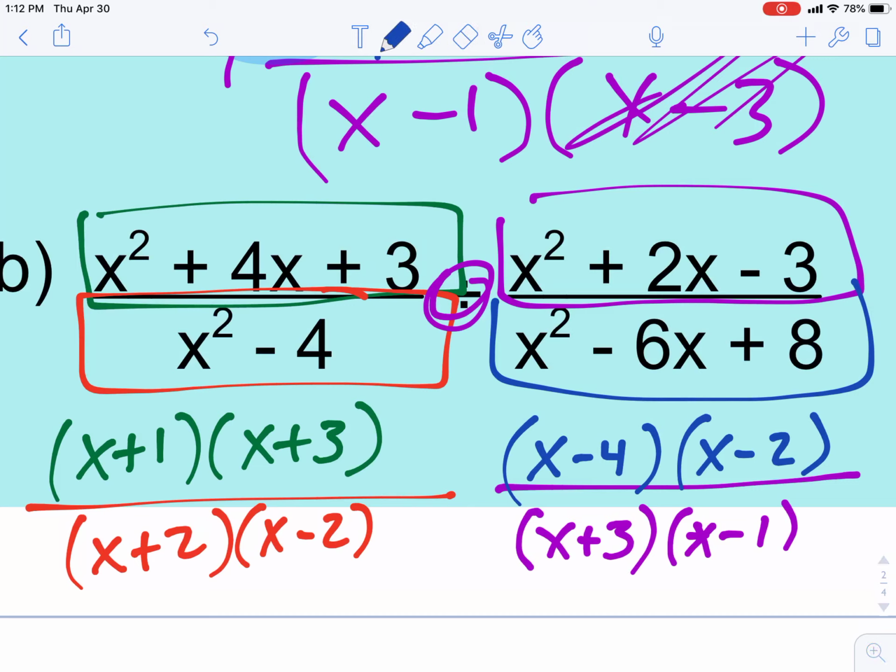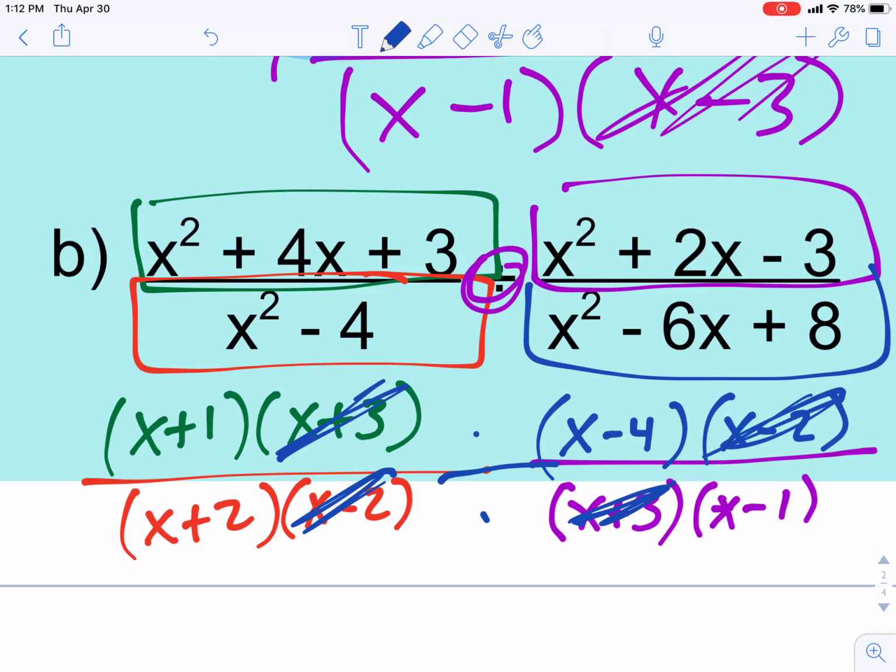Now, since we have multiplication, it's all multiplying, so cancel out stuff that looks alike. You have a plus 3 and a plus 3, a minus 2 and a minus 2. Can you cancel the x plus 1 here and the x minus 1 down here? The answer is no. It's all or nothing. It has to be the exact same.